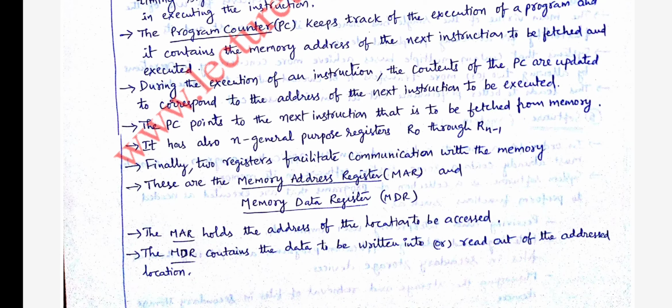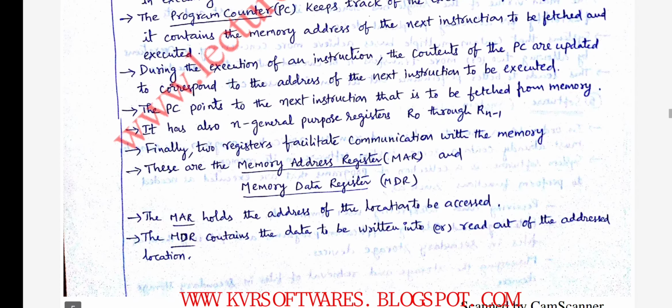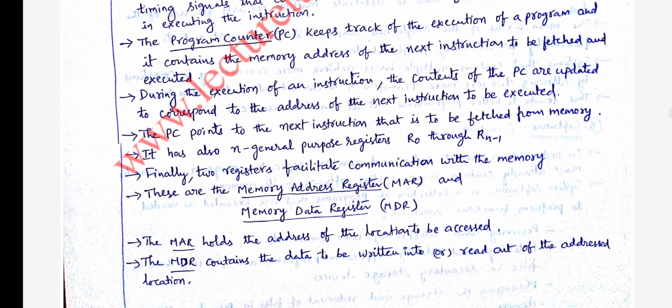During the execution of an instruction, the contents of the program counter are updated to correspond to the address of the next instruction to be executed. See, the program counter is always updated, because after completion of one instruction, the program counter is incremented by 1, because it fetches the new instruction ready to execute next.